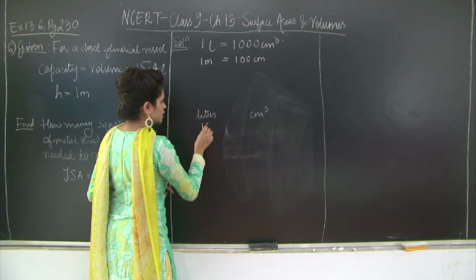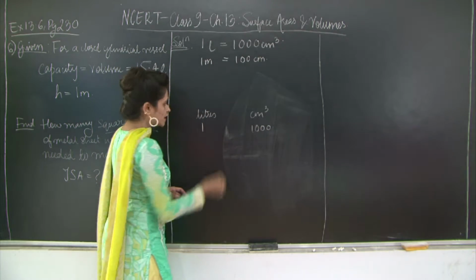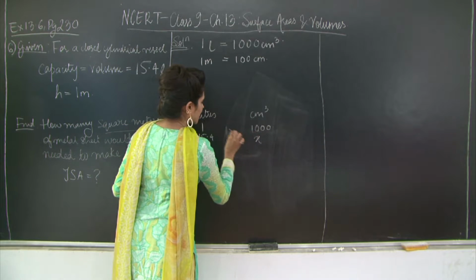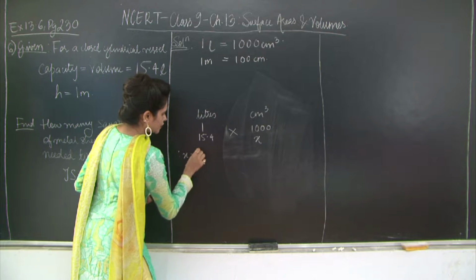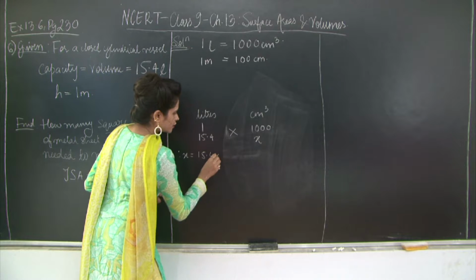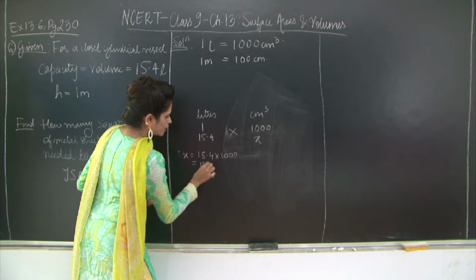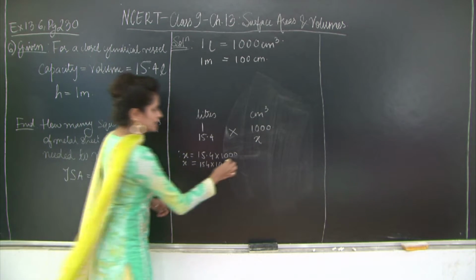So 1 liter is equal to 1000 centimeter cubes. Therefore 15.4 liters is, let's say, x centimeter cubes. Therefore x is going to be 15.4 into 1000, which is 154 into 100. This is the volume in centimeter cube.